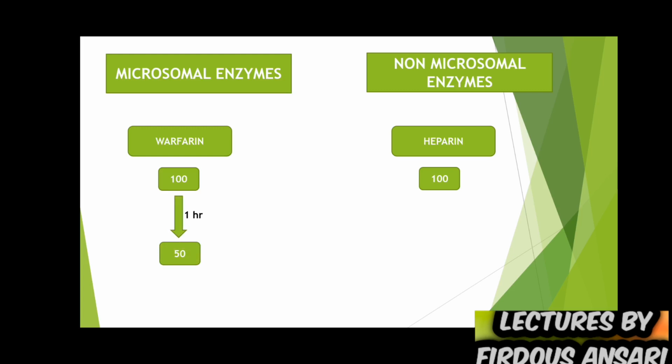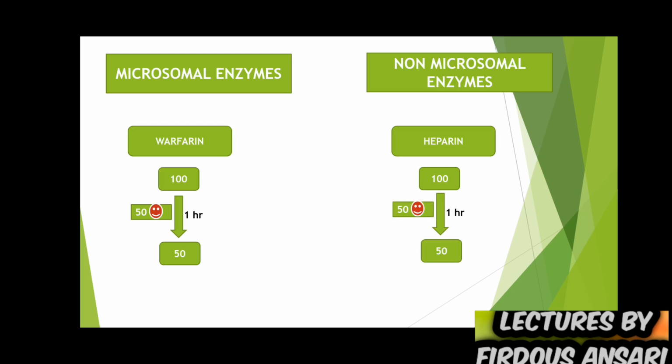For doing so, we require 50 enzymes. So 50 enzymes are metabolizing 50 molecules of heparin. You can say one enzyme for one molecule. So after 1 hour, the 100 molecules get brought down to just 50 molecules.